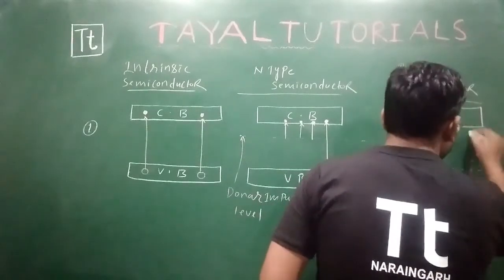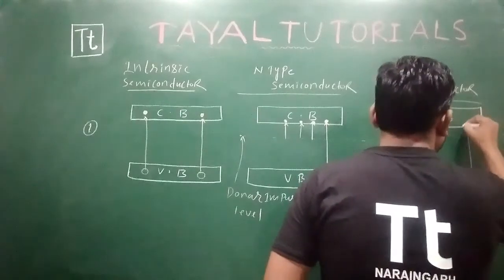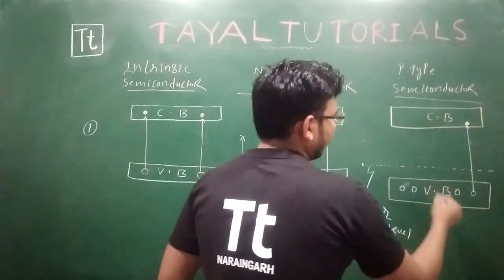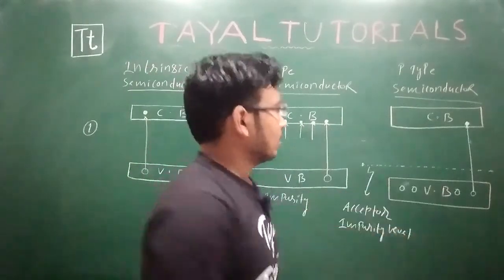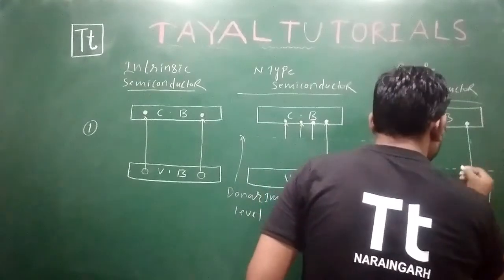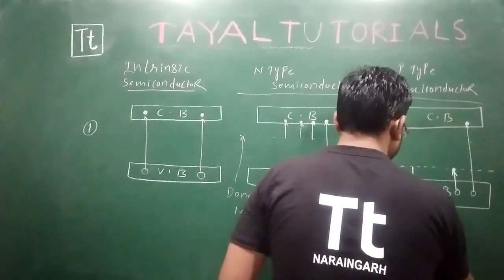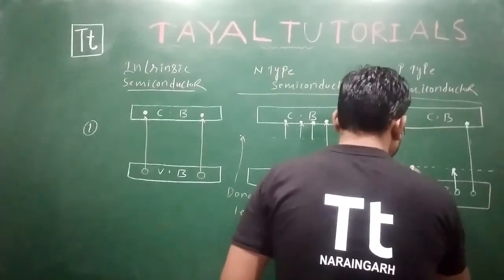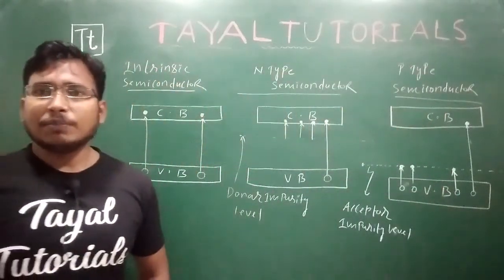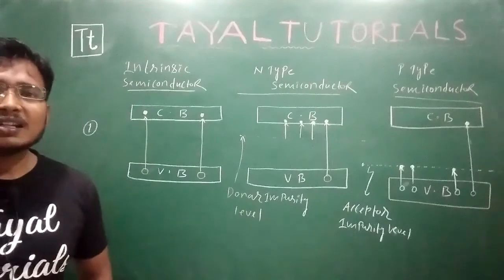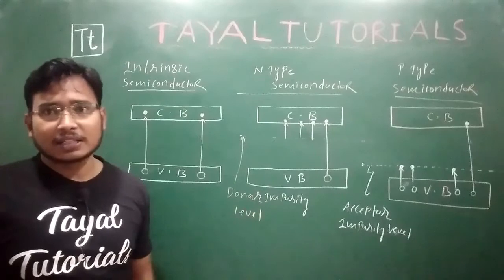The electron is here, and that electron may come here, because I have told you in p type of semiconductor. So this is how in p type, n type and intrinsic semiconductor, these electrons are going from valence band to conduction band.